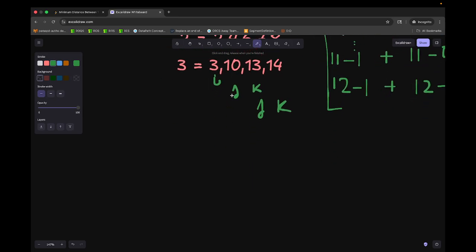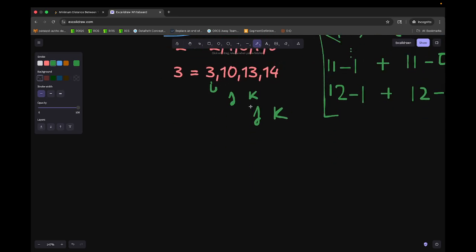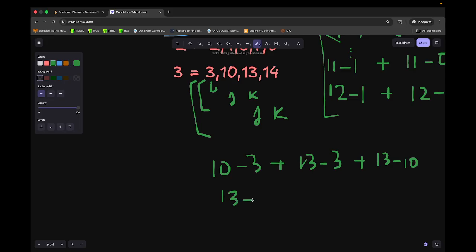If you look again, since the elements are ordered in increasing order, this sum will always be less than the other sum. In the first case, it will be 10 minus 3 plus 13 minus 3 plus 13 minus 10. In the second case, it will be 13 minus 3 plus 14 minus 3 plus 14 minus 13.